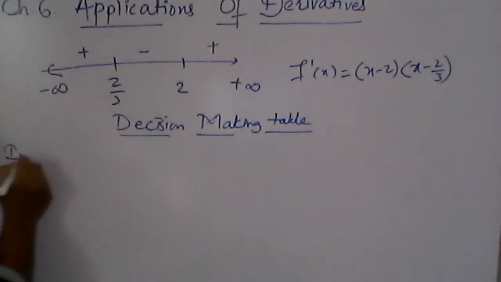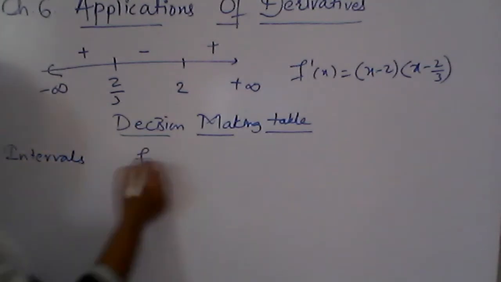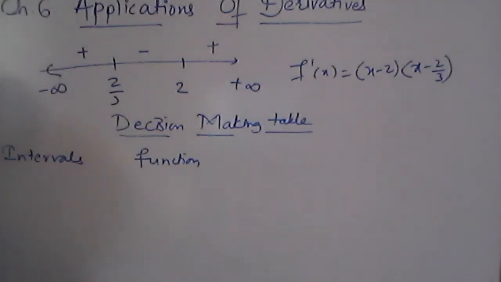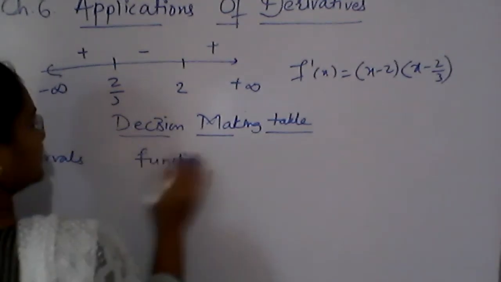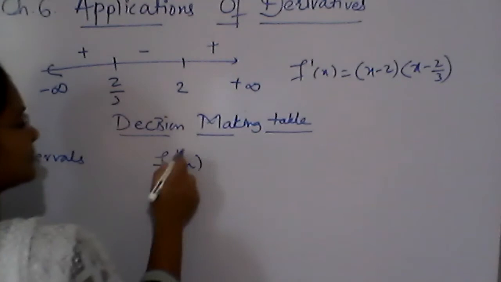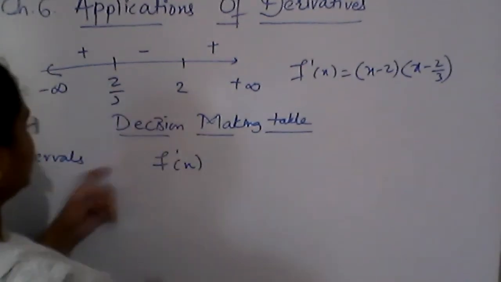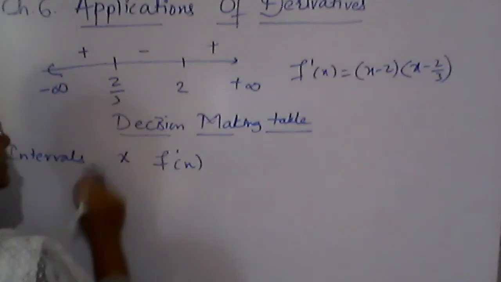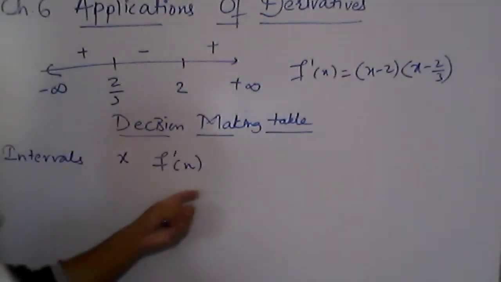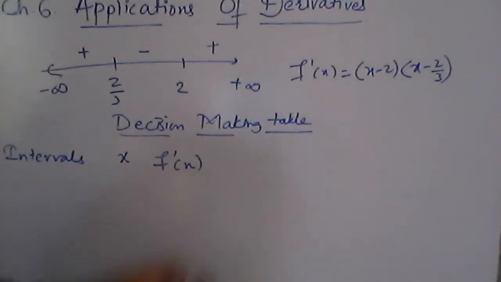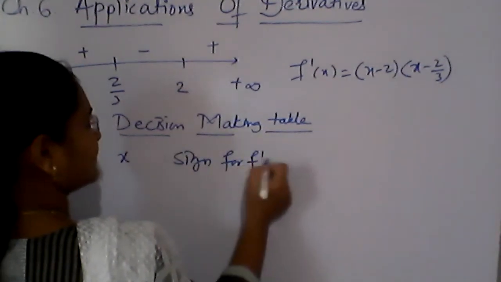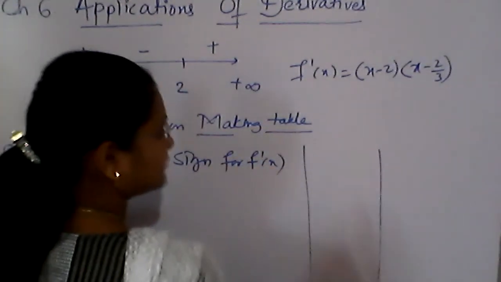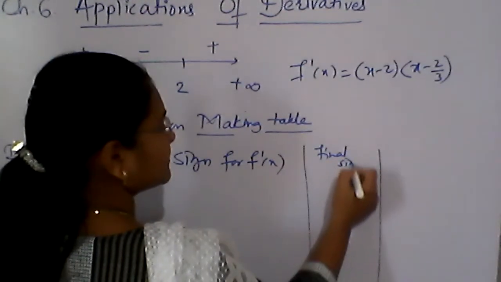In the decision making table, we can write intervals, then the derivative of the function, f dash x, then the sign for f dash x, and one more column for the final sign and result.